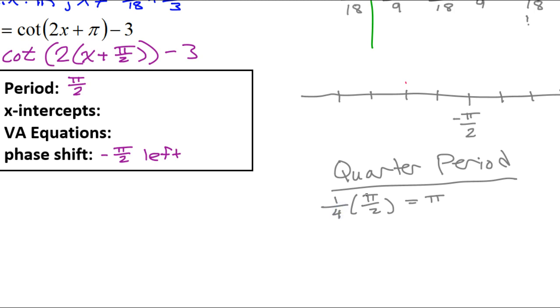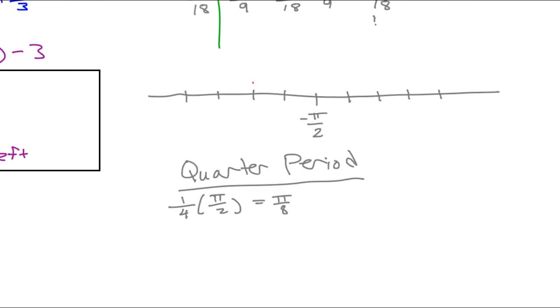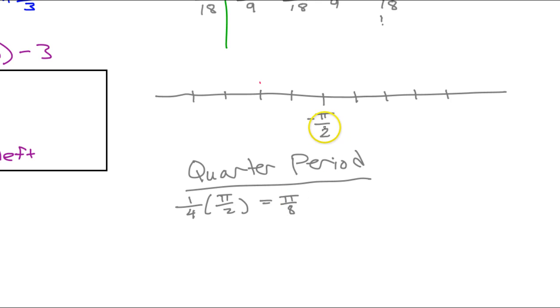So that is going to be pi over 8. So basically, I need to add pi over 8 to my phase shift in order to get the next value over. So that's what I'm going to do. I'm just going to add pi over 8 over and over again.